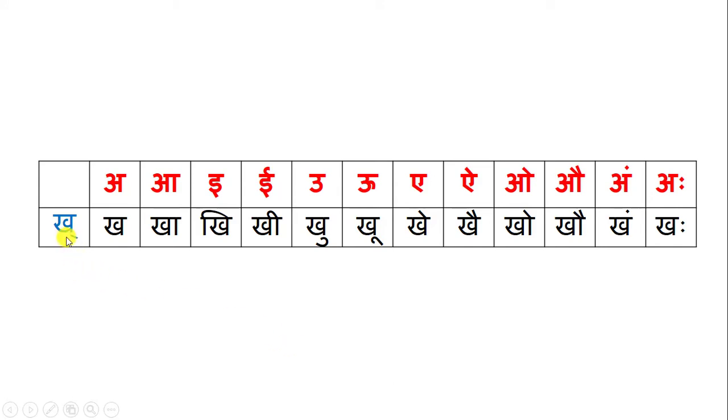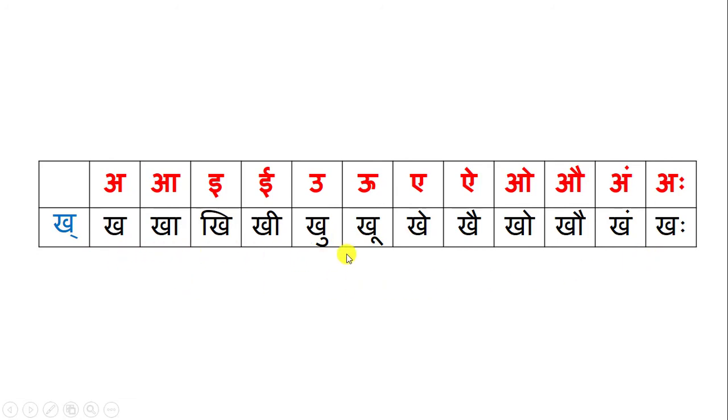To recap: K plus A equals Ka, K plus I equals Ki, K plus E equals Kee, K plus U equals Ku, K plus U equals Koo, K plus E equals Ke, K plus AI equals Kai, K plus O equals Ko, K plus AU equals Kau, K plus Am equals Kam, and K plus Aha equals Kaha.